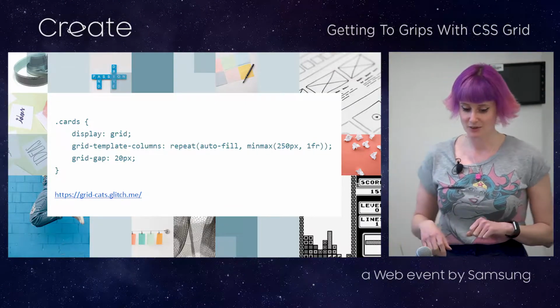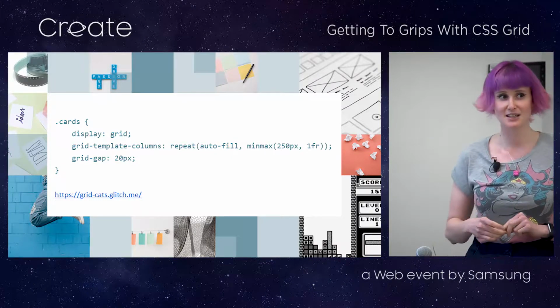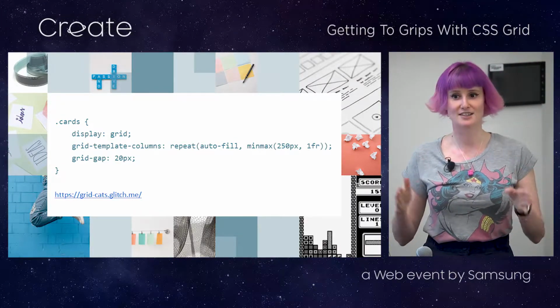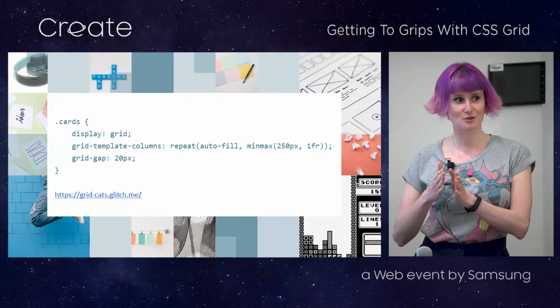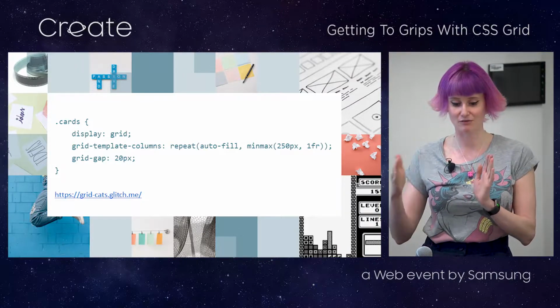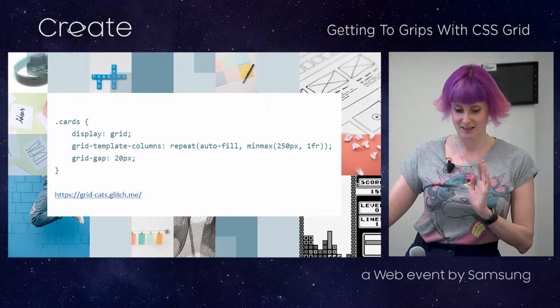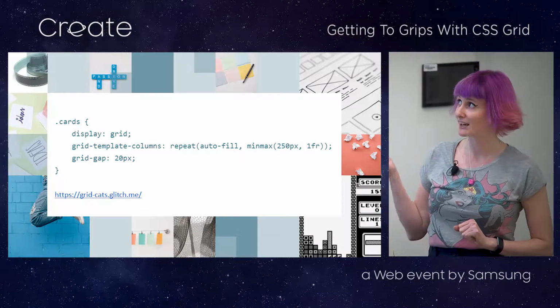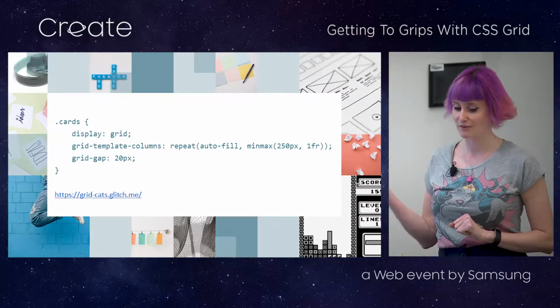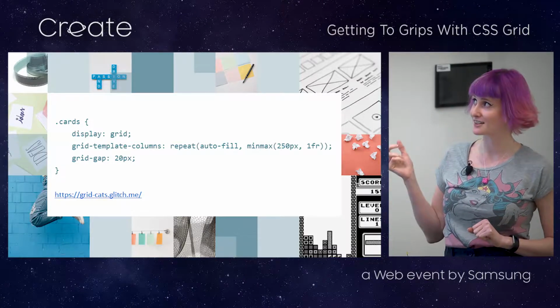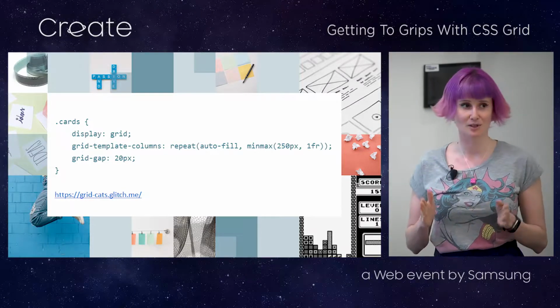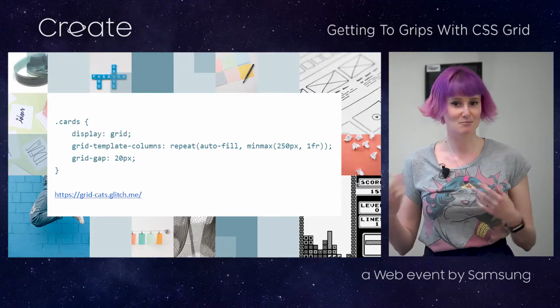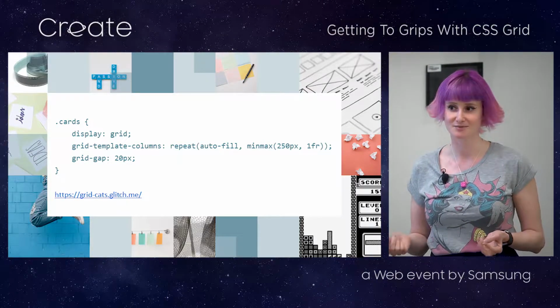So we've set the number of column tracks to auto-fill, which means the number of tracks is going to increase as the width increases and we can fit those column tracks in. And we've set the width that we want those tracks to be minmax(250px, 1fr). Now minmax says I want it to be a minimum of 250 pixels wide and a maximum of 1fr.